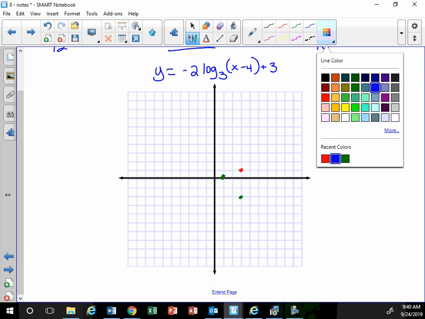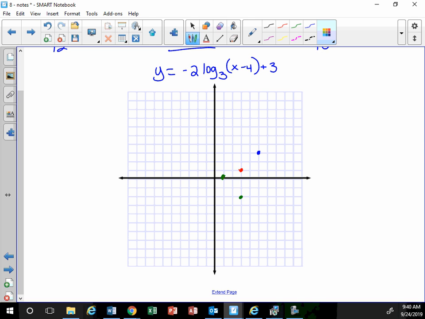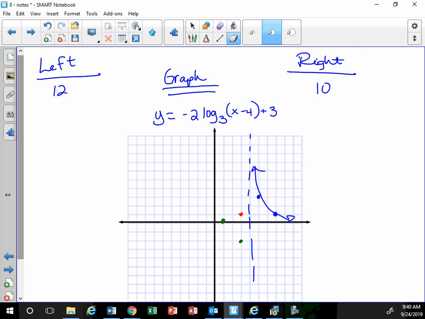So 1, 2, 3, 4, up 1, 2, 3. And the asymptote sort of there. Okay? How do we do there? We're feeling pretty good about our log graphing. All right, let's do one more. Last one. I think you guys got 10 points that time.